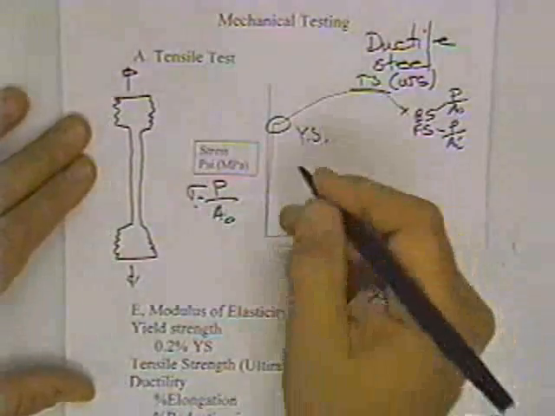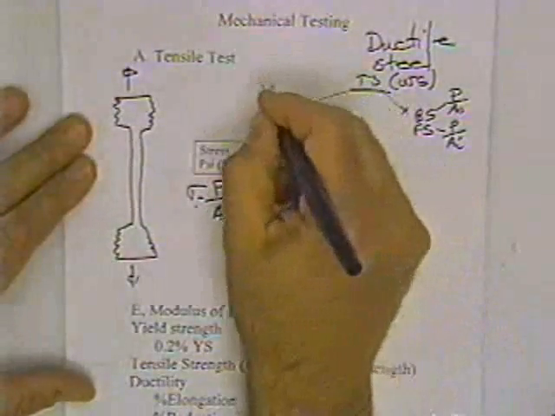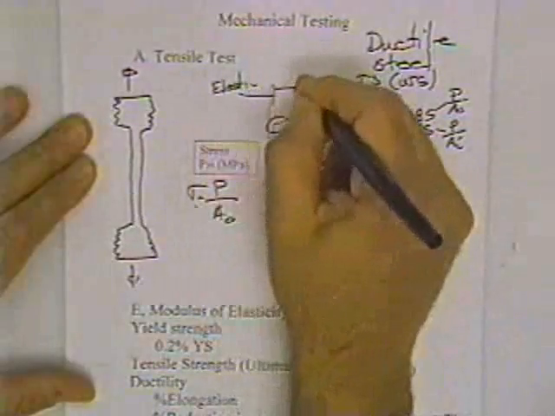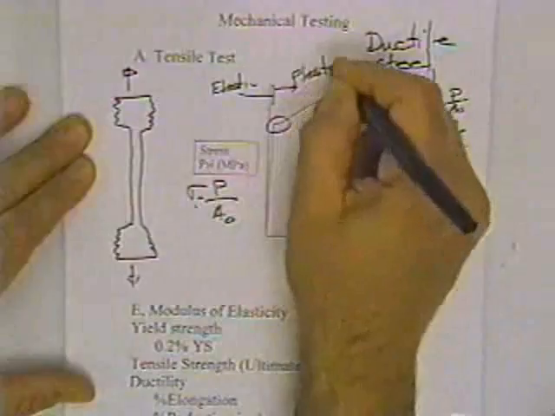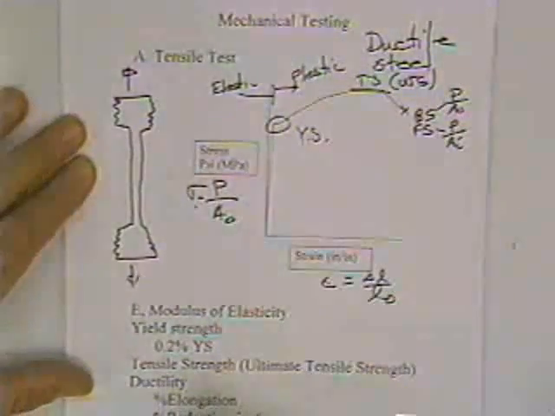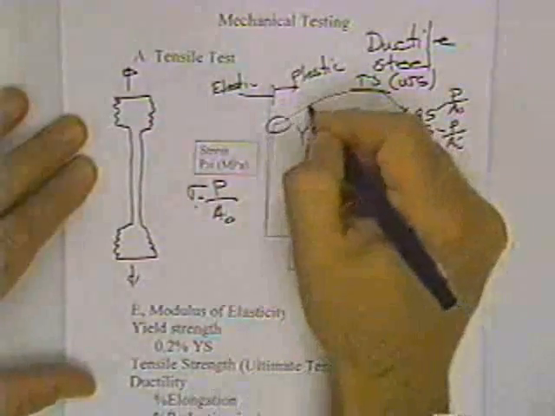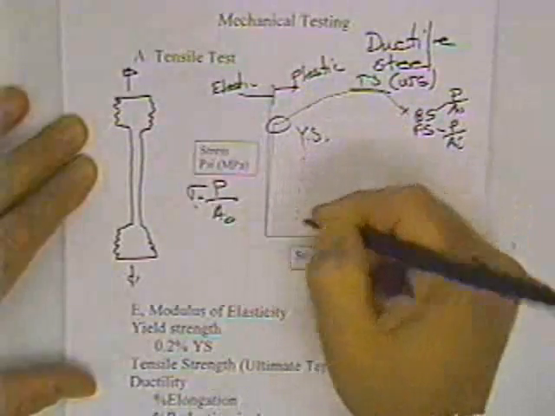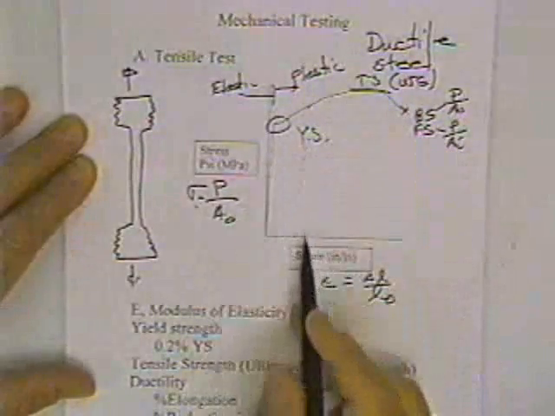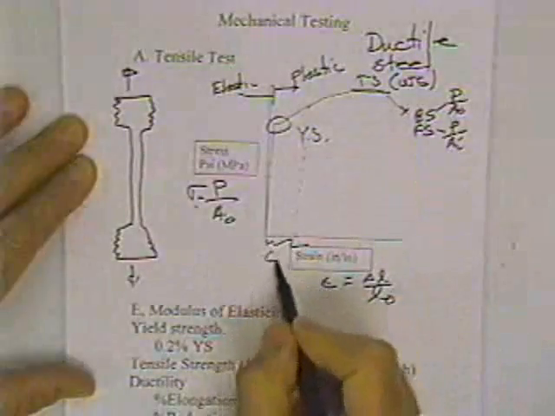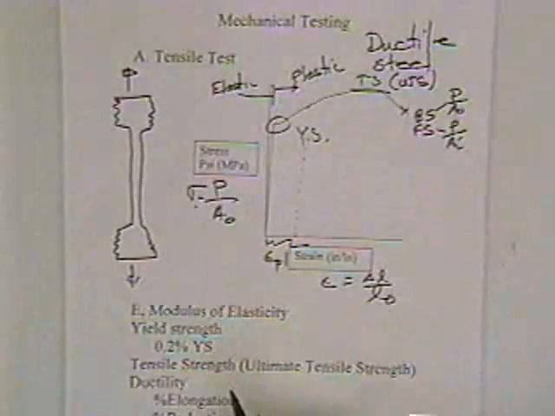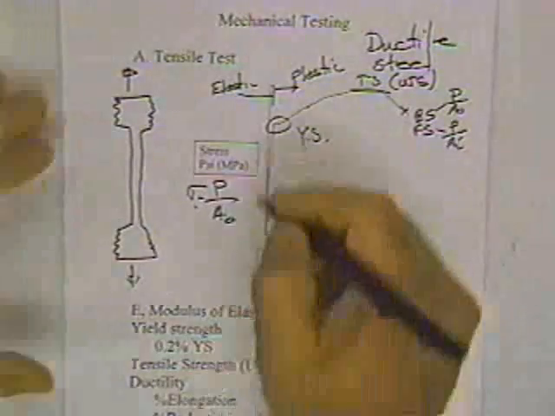Now for engineering applications, this is the elastic portion, this is the plastic portion. Once it starts to plastically deform, if we loaded it up to this point and unloaded, it would follow the same slope, and we would have some permanent plastic strain. In other words, the bar would be longer than it would be than we started.